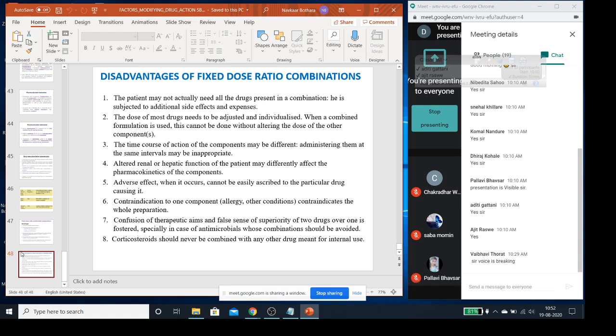So this is not a good thing. Why? Because it is stated everywhere that the important thing is that there should be no harm to the patient. We are doing this for the benefit of the patients. If we are not aware of that, how can we give the benefit? Then we have no right to prescribe any drug.